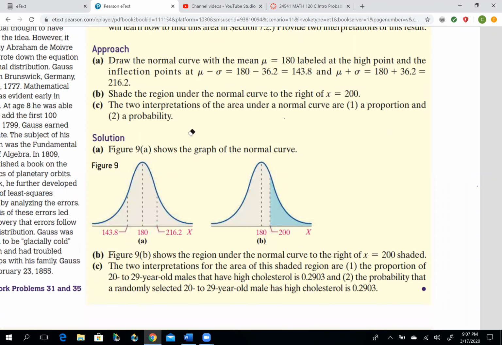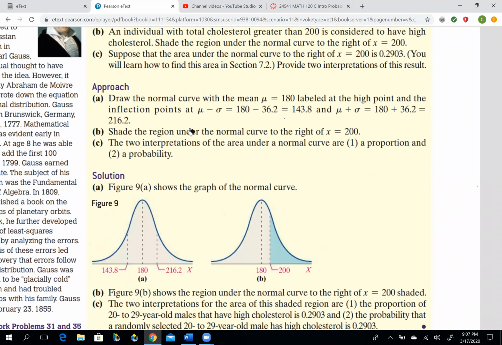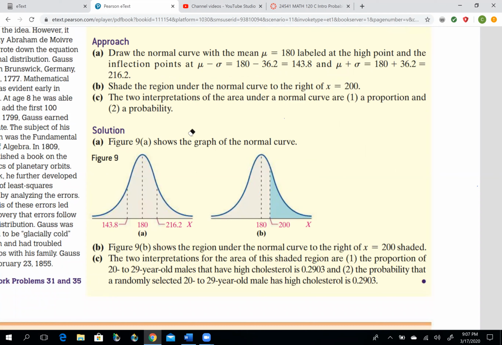So if the area is 0.2903, the two interpretations for the area of this shaded region are: one, the proportion of 20 to 29 year old males that have high cholesterol is 0.2903. But again, I love the second interpretation: the probability that a randomly selected 20 to 29 year old male has high cholesterol is 0.2903.